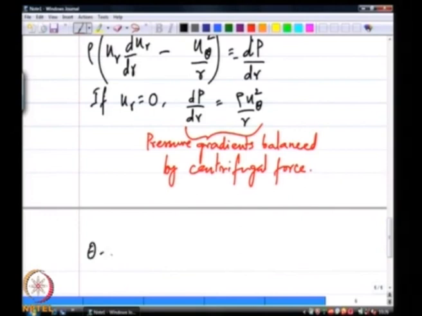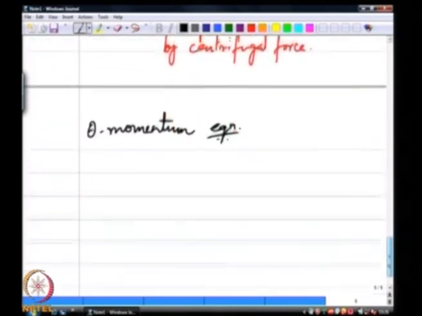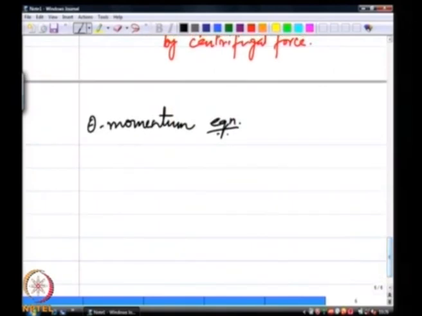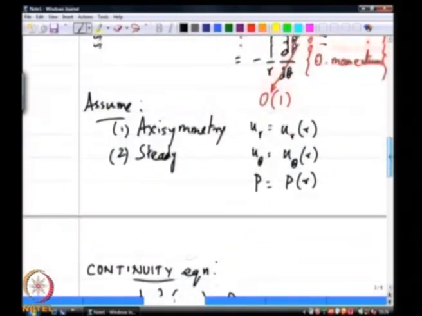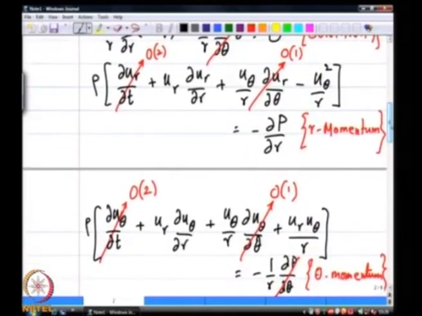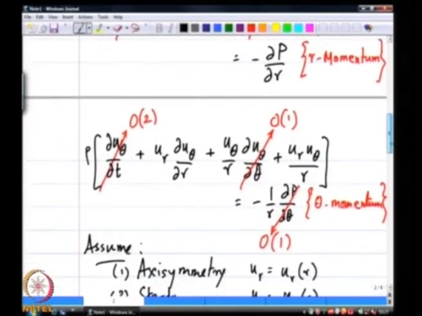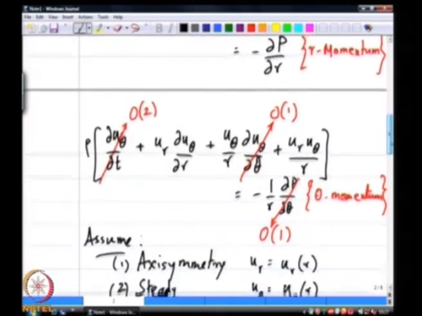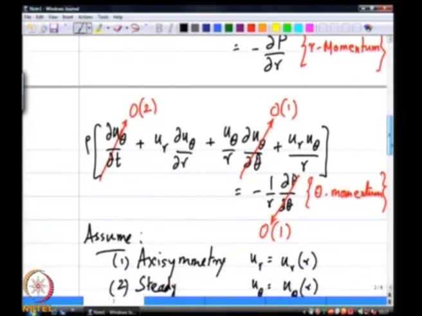Now, if I take the theta momentum equation, and take the terms that I still have remaining, u r d u theta dr plus u r u theta over r equal to 0.